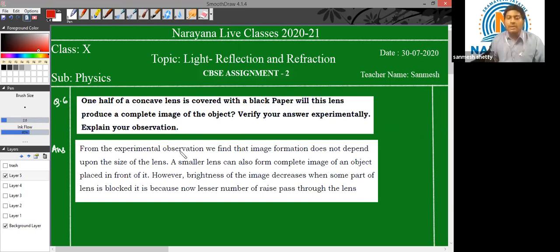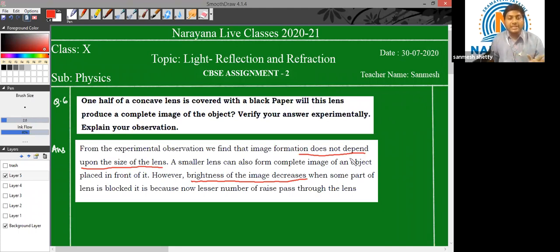So from the experimental observation, we find that the image formation does not depend upon the size of the lens. A smaller lens can also form complete image of an object placed in front of it. This is a very important point. However, the brightness of the image decreases. So there is a change in the brightness only.